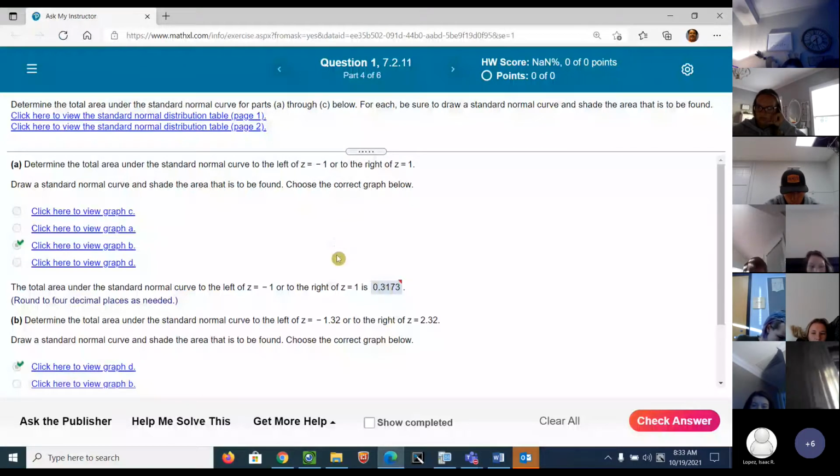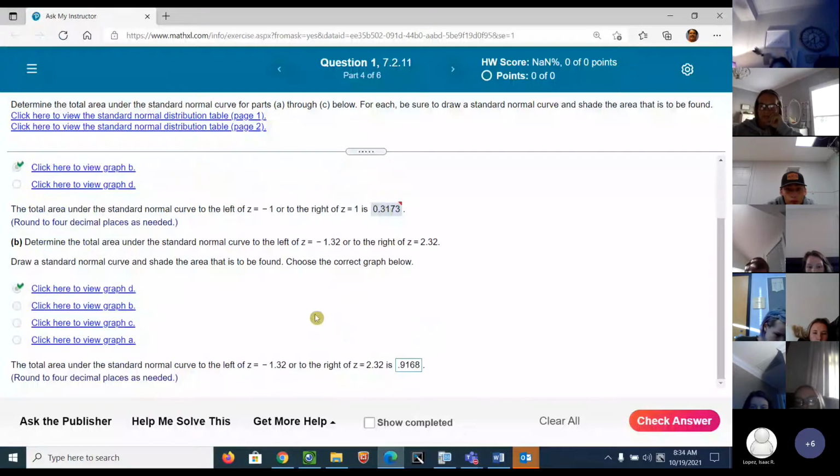B, what is the probability of being to the left of -1.32 and right of +2.32? And then the third one, I thought there's only 2. I guess there's only 2. I thought there was 3.